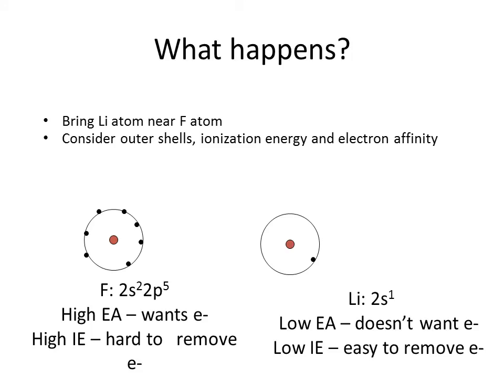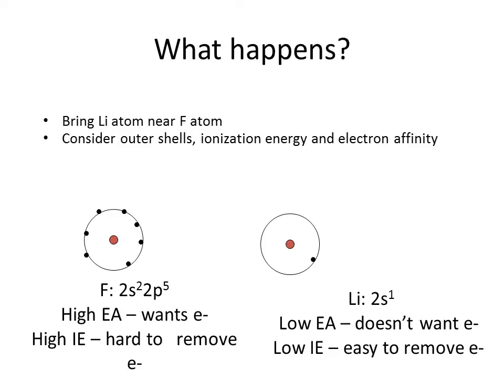Let's look at an example. If we bring lithium near a fluorine atom, fluorine has a very high electron affinity and a high ionization energy. This means it's very difficult to remove electrons from fluorine, but fluorine will pull extra electrons onto itself well.